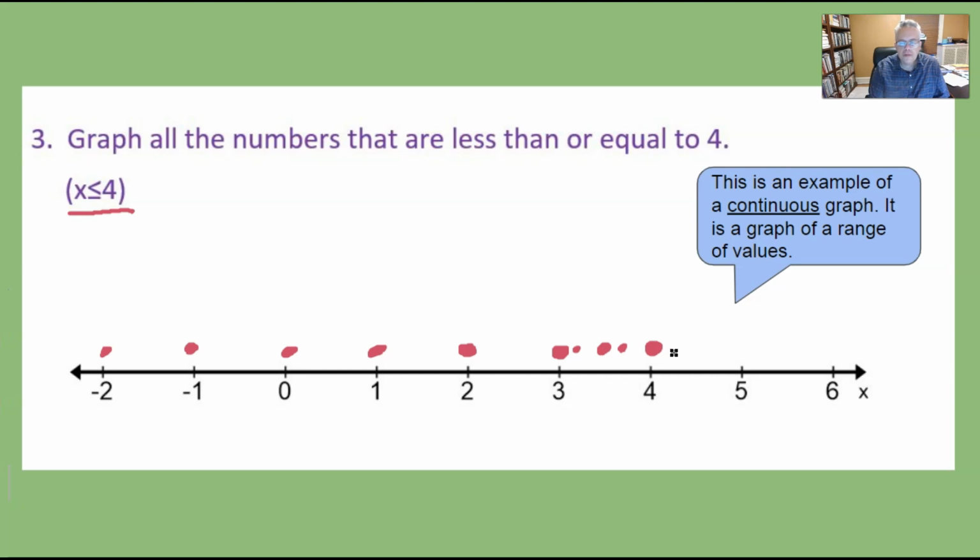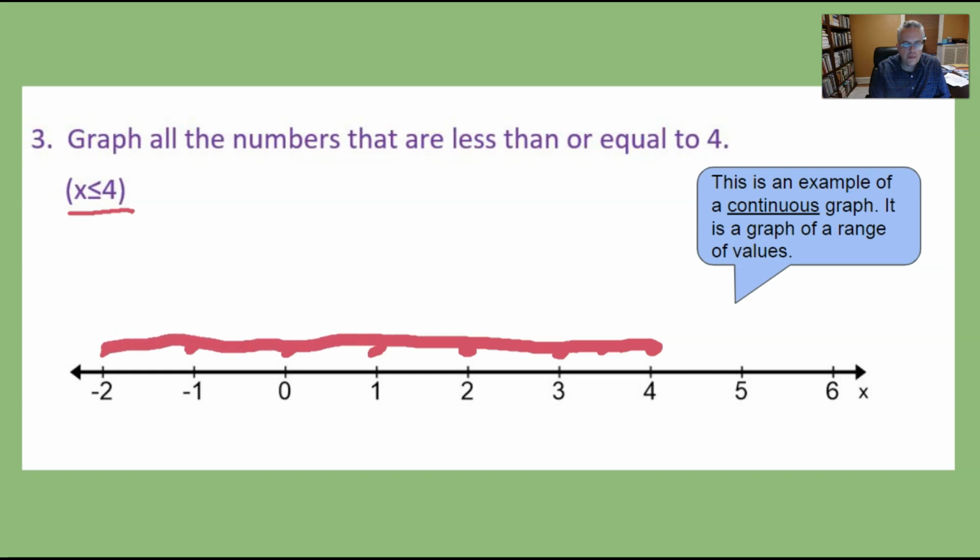It's a little bit hard for me digitally, but to graph an inequality like x is less than or equal to 4, we're going to draw an arrow. We're going to mark the point where it equals 4 if it includes that, and the arrow represents every value that's less than 4. Okay, that's an example of a continuous graph. It's not individual points, it's everything from -infinity up to +4.